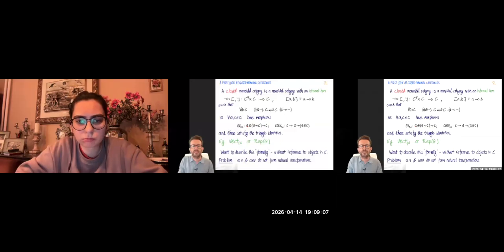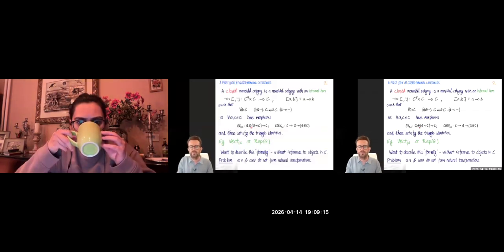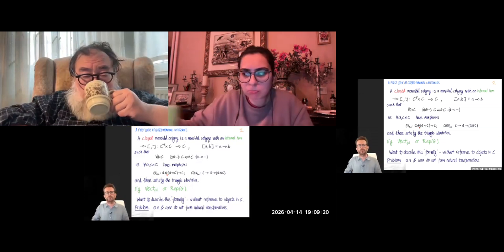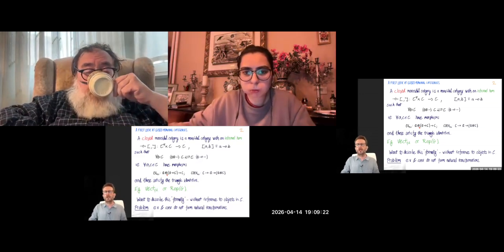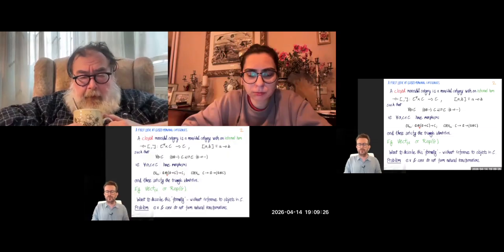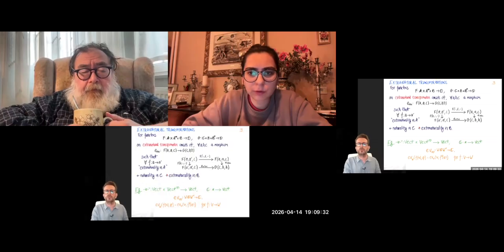So it's not going to be natural in A. This evaluation is natural in C, but it's not natural in A. It has a different property called extranaturality, which we're going to see. So we're going to have to define what this abstract structure is that these satisfy in order to go there.